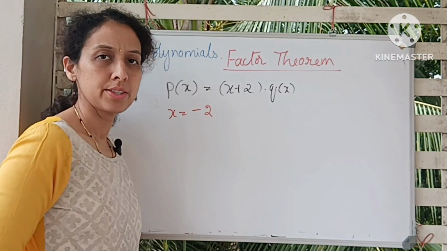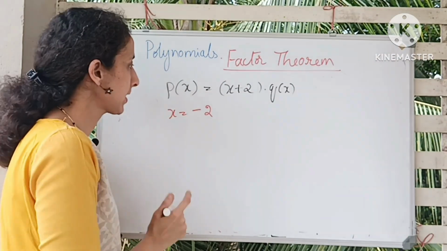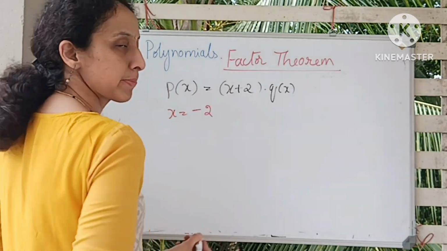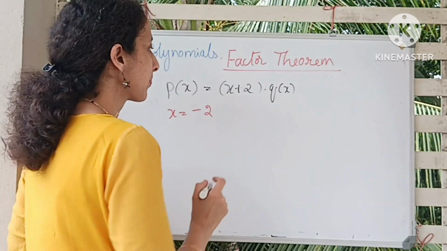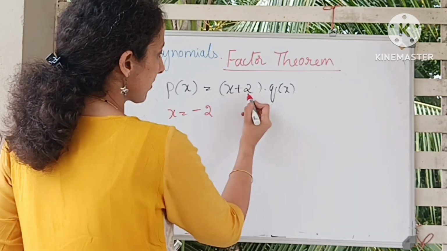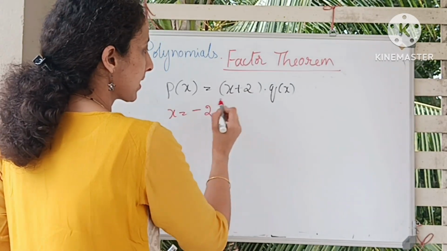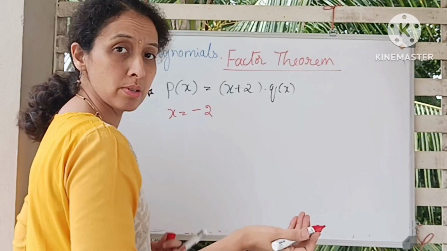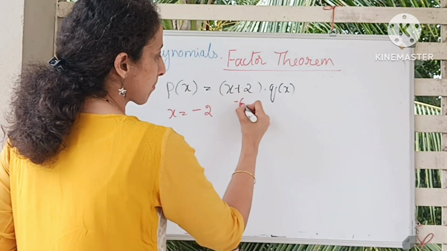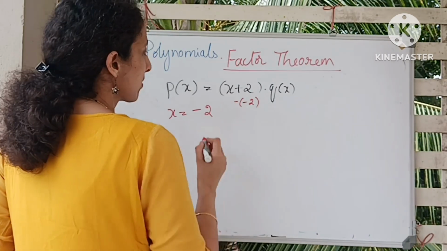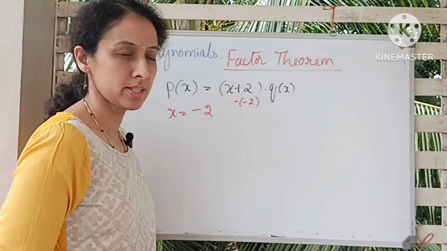This means that for x value minus 2, we have p of minus 2 giving 0, making this whole statement true. So if I change this minus 2 here to a, this plus 2 I will denote as minus of minus 2. So this becomes x minus a.